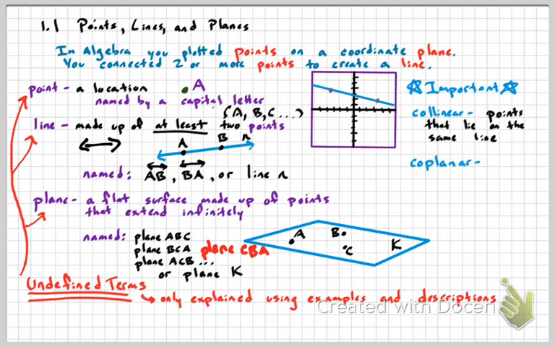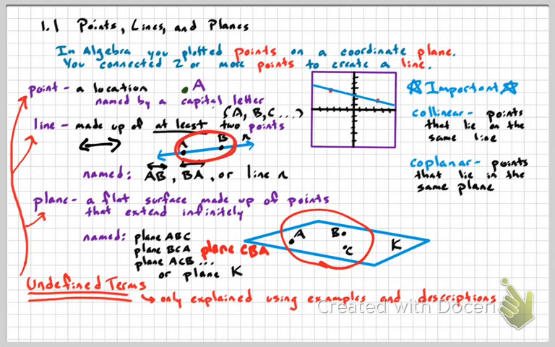And the term coplanar, that's points that are in the same plane. Collinear, on the same line. Coplanar, in the same plane. So points A, B, and C would be considered coplanar because they are in the same plane. And then A and B over there on the line, those would be collinear because they're on the same line. All right? So let's put this a little bit to the test.